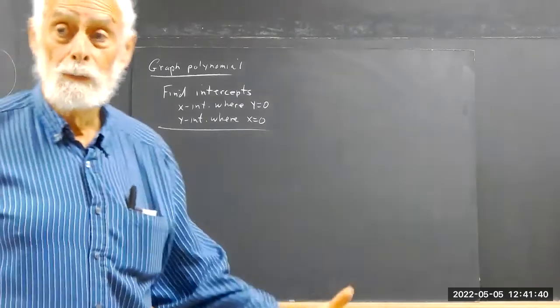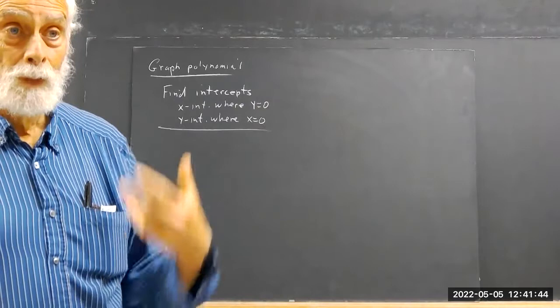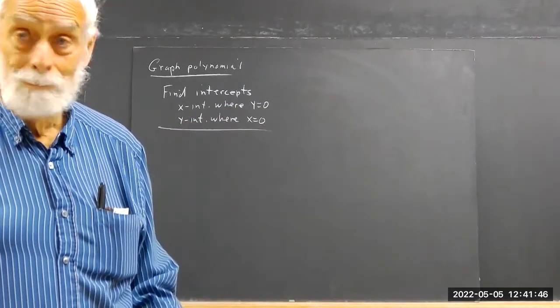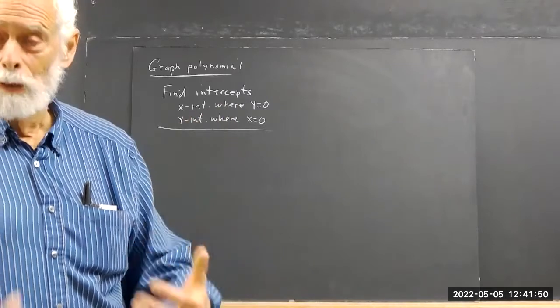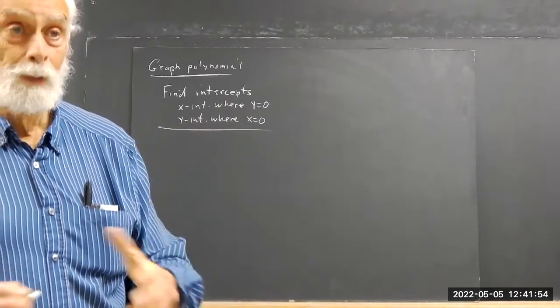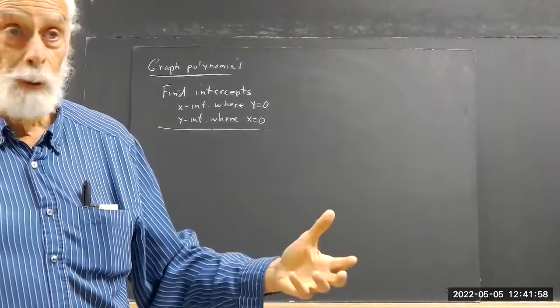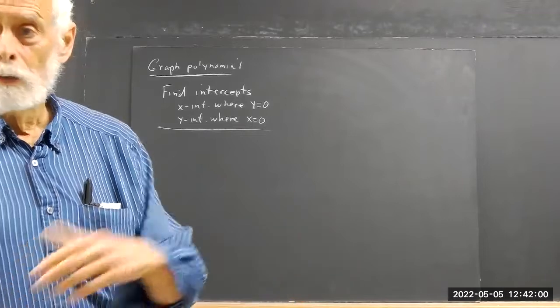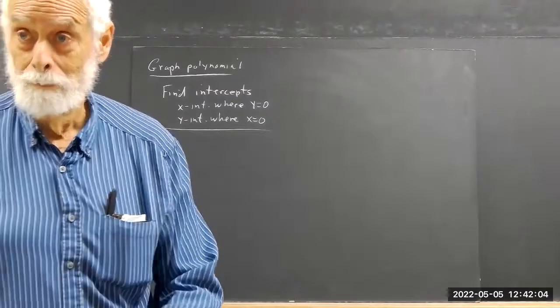Now, an example of a basic function where you don't get a Y-intercept is 1 over X, or 1 over X squared. Okay, well, we get to that when we talk about rational functions, because those are actually power functions, but they're rational functions, okay? They're not polynomials. Polynomials have just all non-negative powers of X, and all those powers are defined for every possible value of X, including 0, okay?